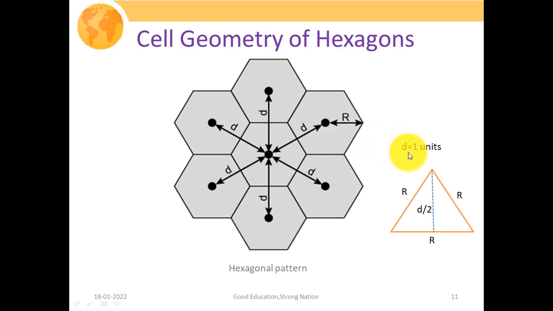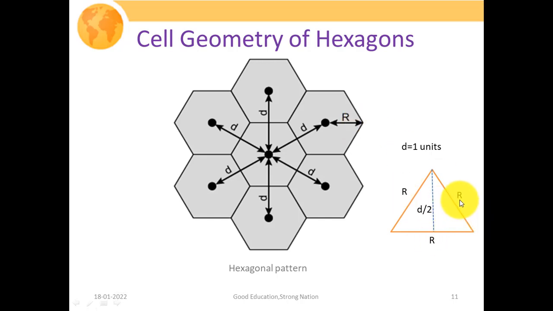So if we consider this d equal to 1 unit, then how are we going to represent this cell radius r in terms of unit cell distance? This is showing nothing but an equilateral triangle whose all three sides are r. Since this is r, and from the special geometry of the hexagon, we know that when we join these vertices to this center, all three sides are the same since it is an equilateral triangle.